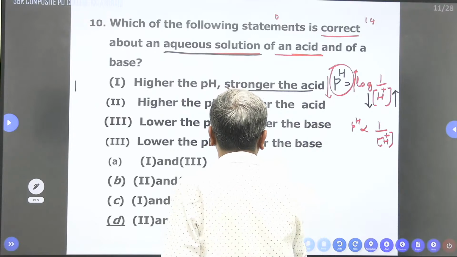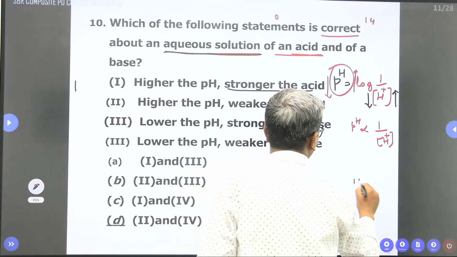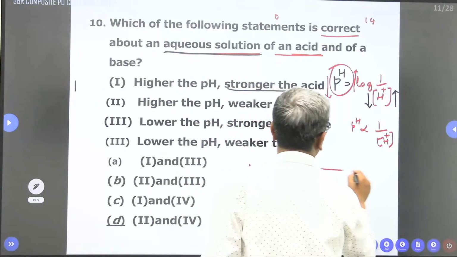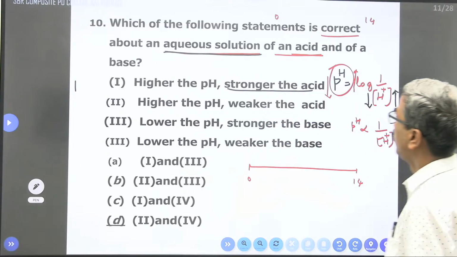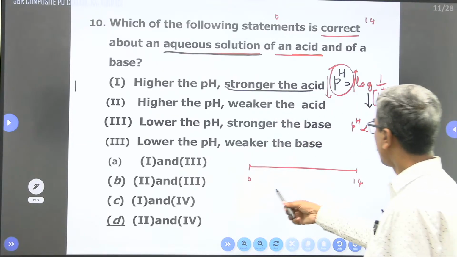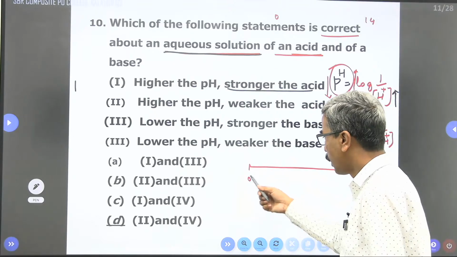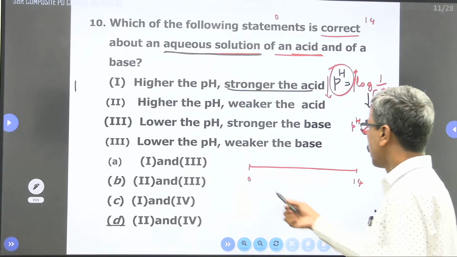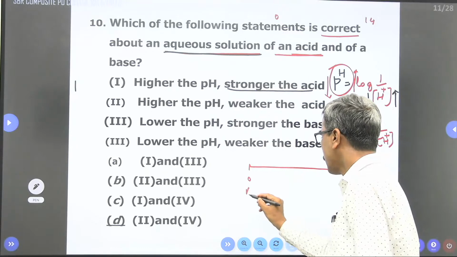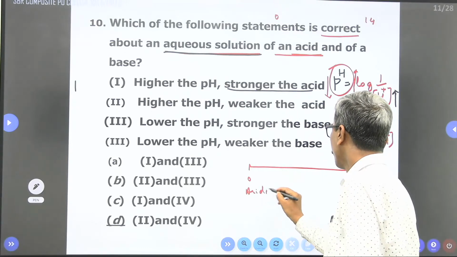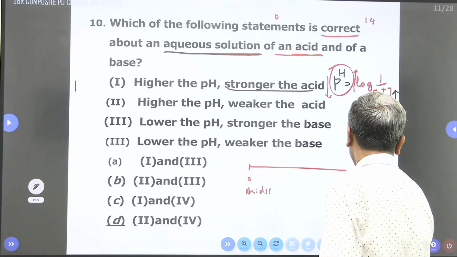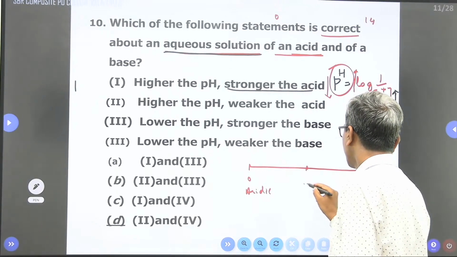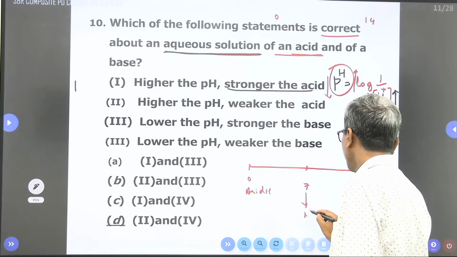So this is the pH scale, 0 to 14, increasing. On this side it is acidic, and this side is basic, and exactly at the center it is neutral.